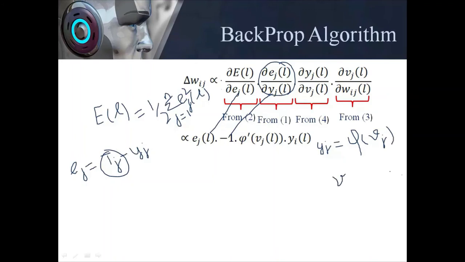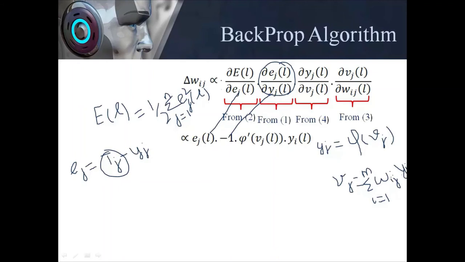So Vj is nothing but your weighted sum over all the inputs which are coming for all i, where i will vary from 1 to n, that is the number of units in the hidden layer.